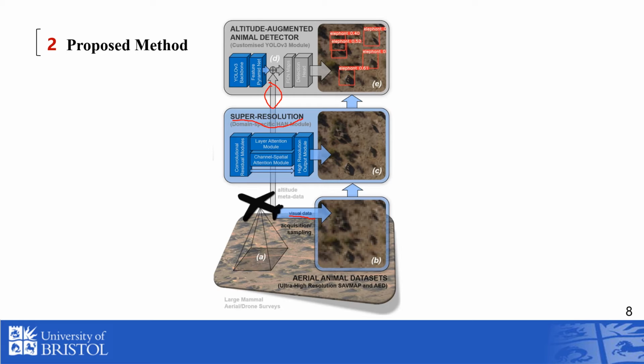Then in part D, we use the altitude data as input to effectively constrain the animal scale and appearance to improve detection accuracy. And then in part E, a customer-trained baseline network. Here we use YOLOv3 as our pipeline to finally perform the animal detection and get the final results.